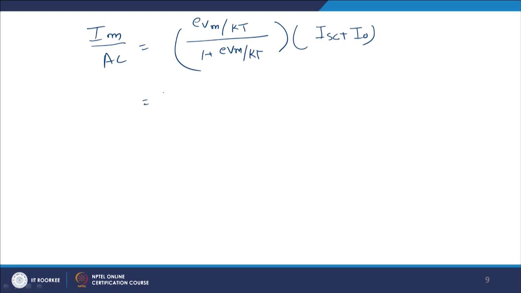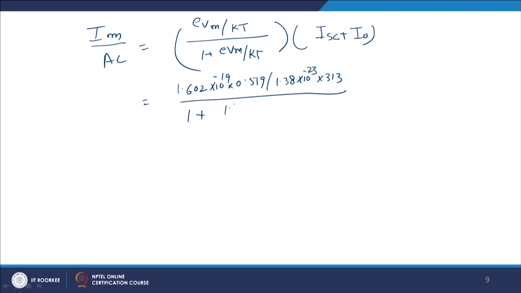Now, here we will keep on putting the values, 1.602 into 10 to power minus 19, Vm is 0.519, divided by K, 1.38 into 10 to power minus 23, and T is 313, divided by 1 plus 1.602 into 10 to power minus 19 into 0.519 Vm divided by again K, 1.38 into 10 to power minus 23 into 313.